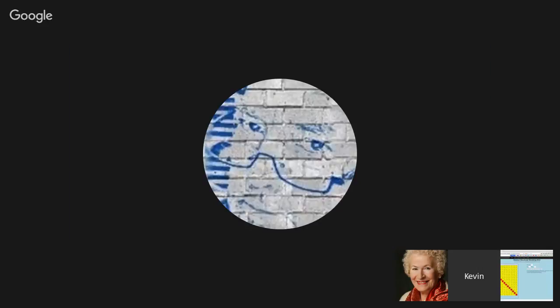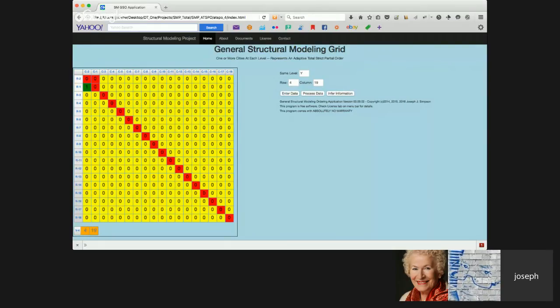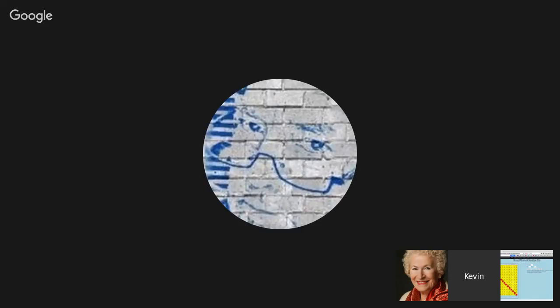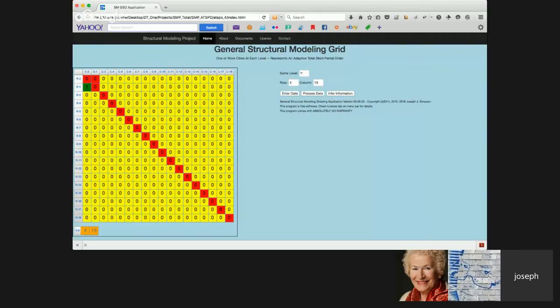I think that's an important point. In the original software, we said only one city at each level. Then we asked, is city 1 north of city 2? If that was yes, we had some information, and if it was no, we had the same information, because one city at each level does not allow them to be at the same latitude.